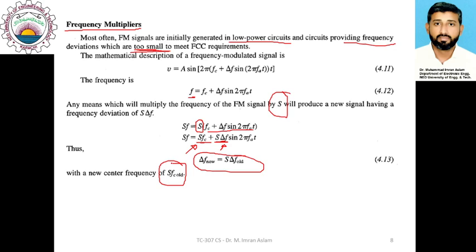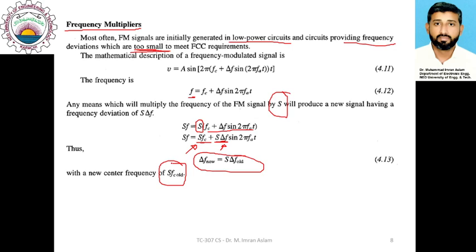At this stage, although theoretically we can have a frequency multiplier of any order, practically we only have frequency multipliers which create double or 3 times the frequency. So we only have a frequency doubler or frequency tripler.